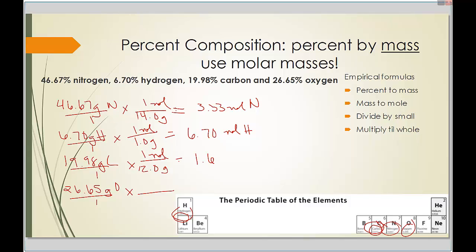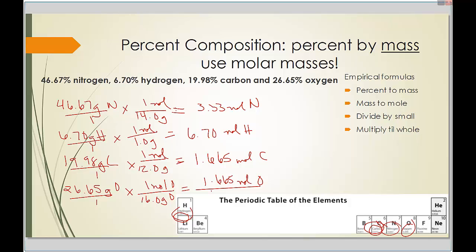And then finally, we have oxygen, which is 16.0. So 26.65 divided by 16 also comes out to be 1.665. So 1.665 is the smallest of all of them.